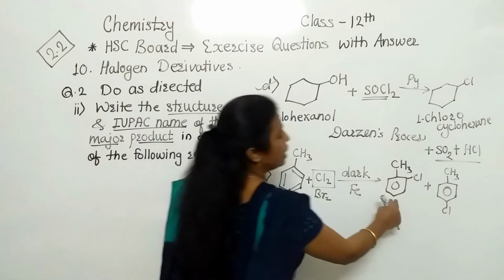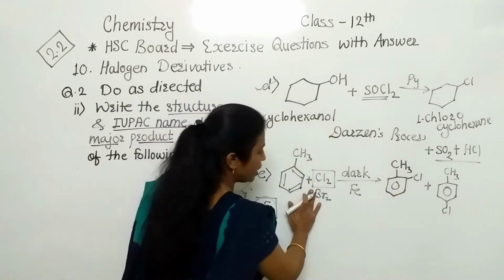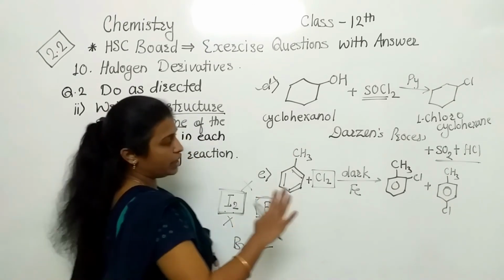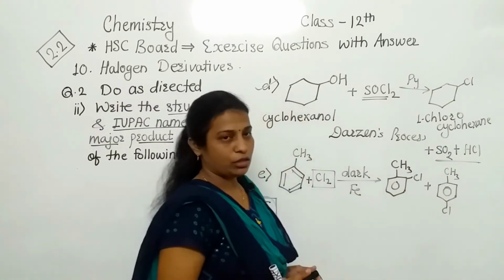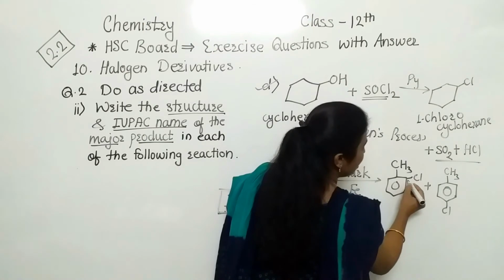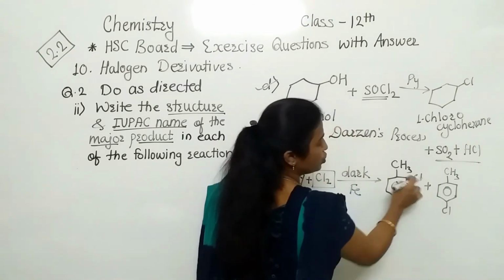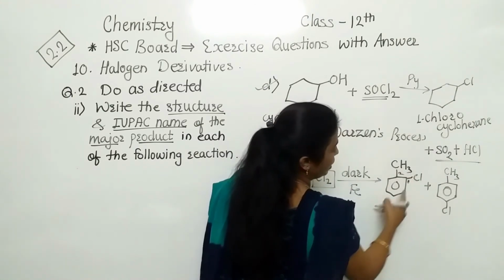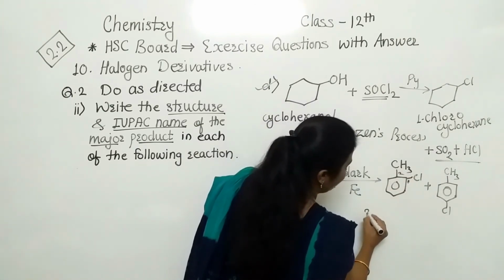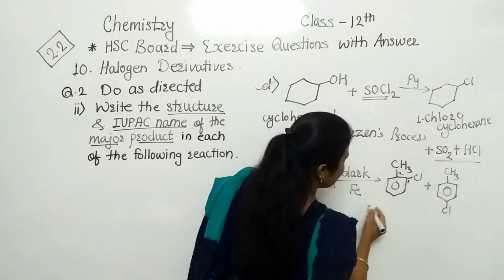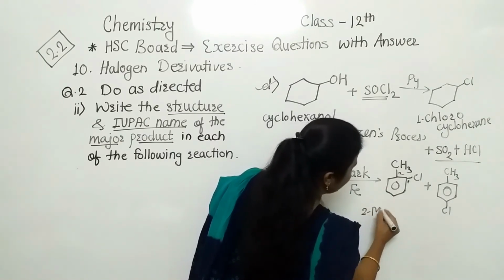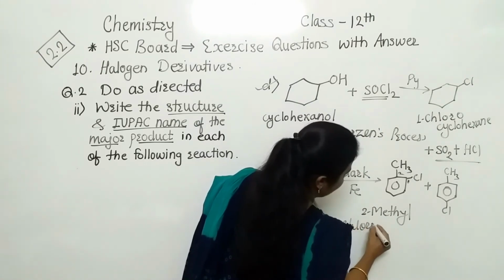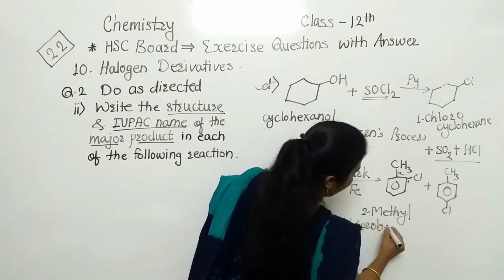Now what is the name of this product? They asked about this reaction and about the IUPAC name also. Now see, for numbering, we first give number 1 to the carbon bearing chlorine on the benzene, and the second one will be here. So the name will be 2-methyl chlorobenzene.